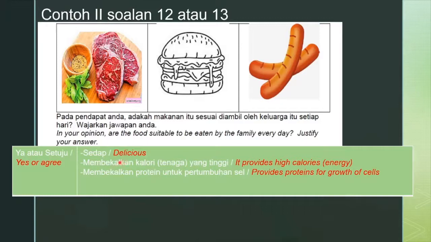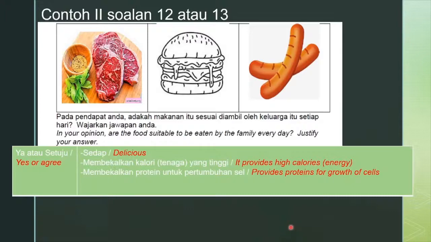So here we can see because it's delicious, it provides high calories, and it provides proteins for growth of cells. Alright, so we have 4 marks here. 1 mark for yes or agree, and another 3 marks is for the justification that you have given.